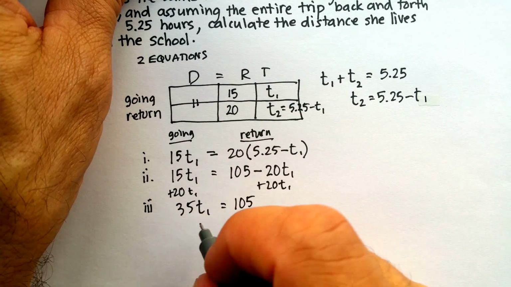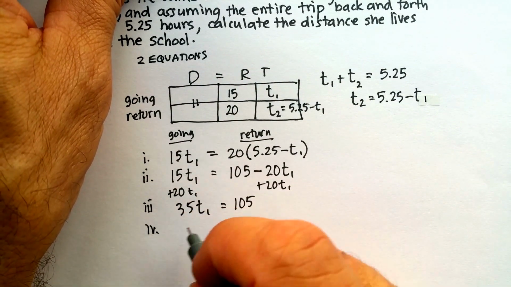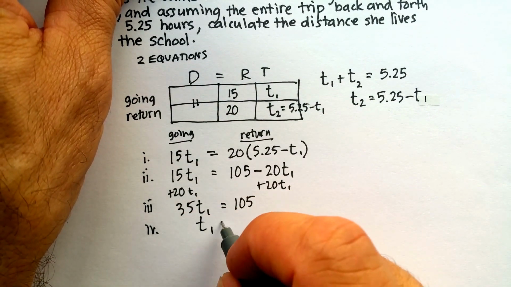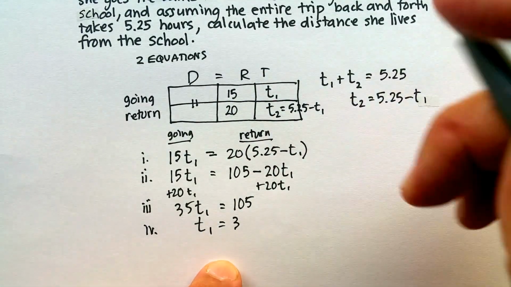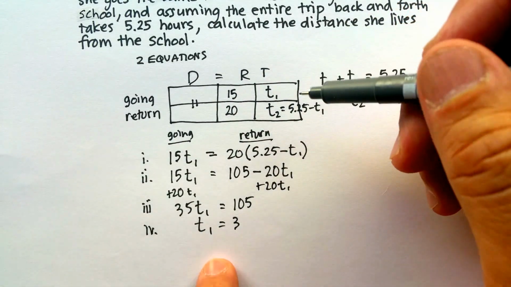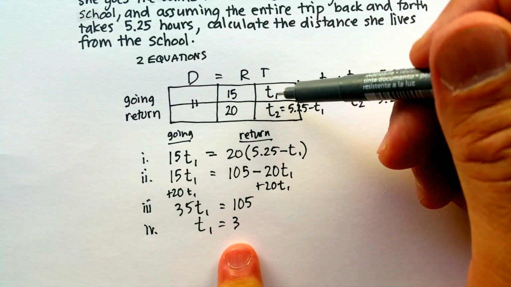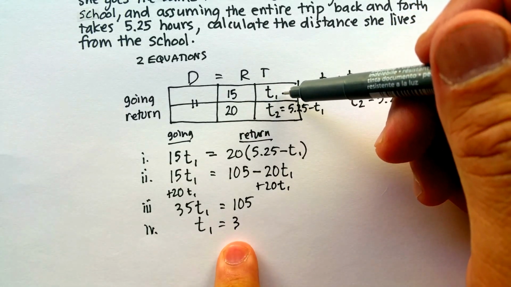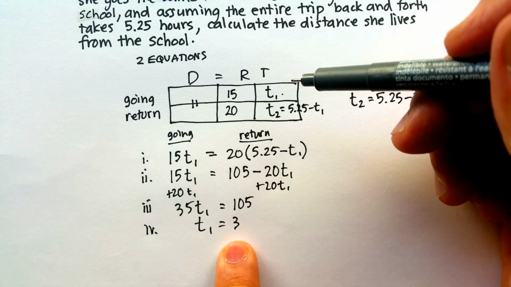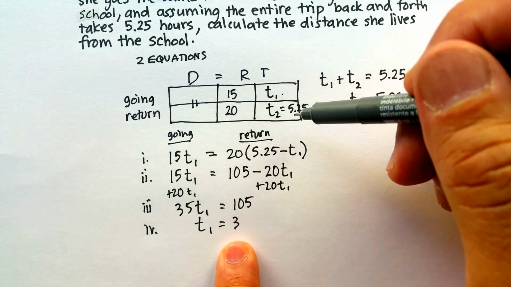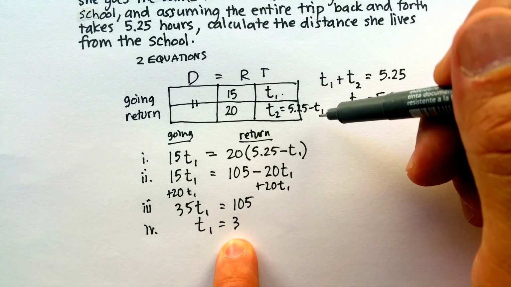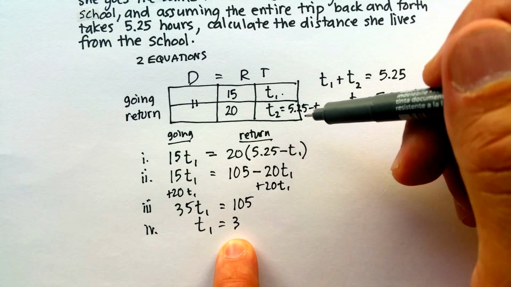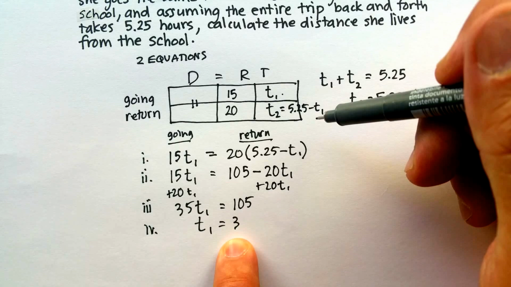Let's divide both sides by 35, and you're going to get T sub 1 is equal to 3. Now, we can go back in and plug that in. So basically, we know that it took Senna 3 hours to get to school in the morning, which is really a long way, and only 1.75 hours to get back in the afternoon.